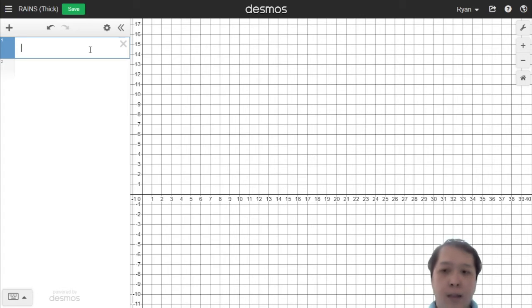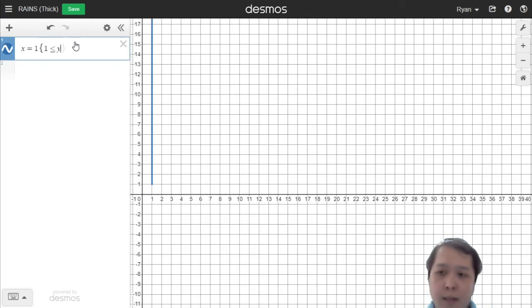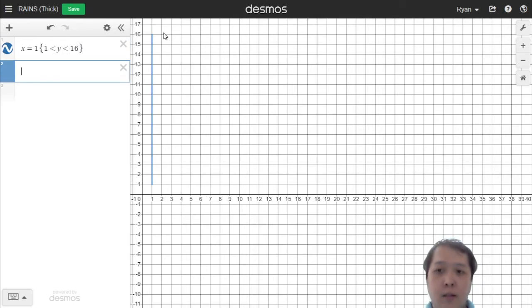Okay, R. I will draw the vertical line first. X is 1, interval, curly bracket, 1 to Y until 16, because the size I have set is 8 times 15 cells.